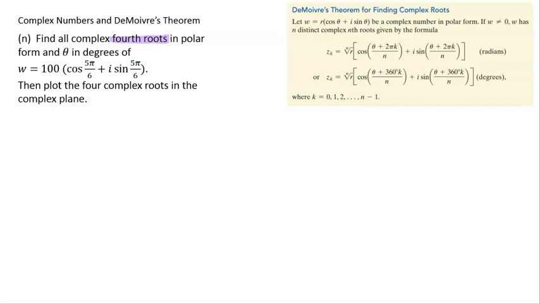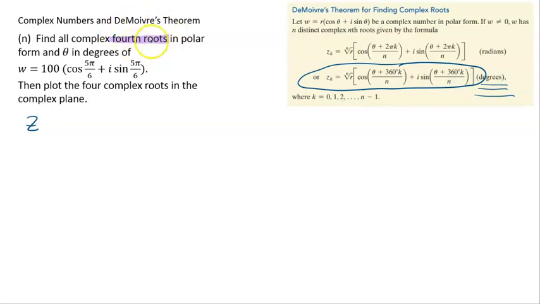Okay, so first let's use this general formula. Why did I pick that one? Because we're talking about degrees, right? Not radians, but degrees. So we have z sub k, and what's our k?